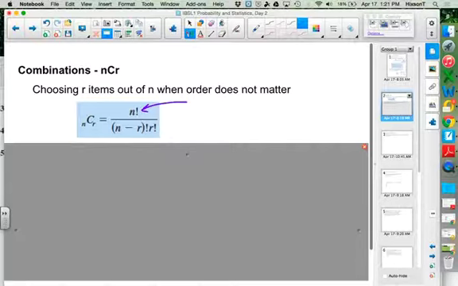Permutations. That's the total permutations. I know that was a poorly worded question, so that's okay. The total permutations of all n things.